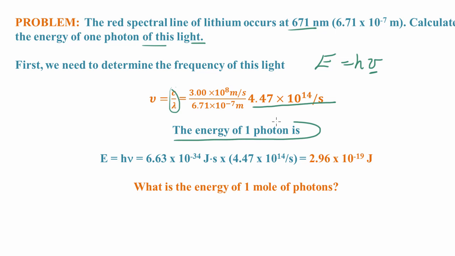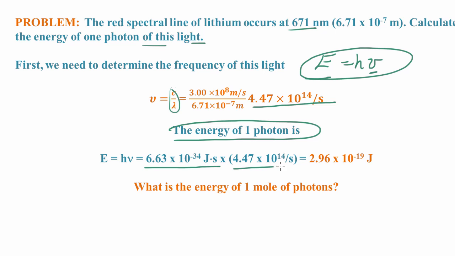And we know that the energy of one photon is h, Planck's constant, multiplied by the frequency, and we end up with 2.96 times 10 to the negative 19 joules. Now we're being asked, what is the energy of 1 mole of these photons?